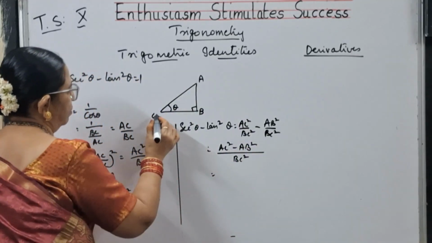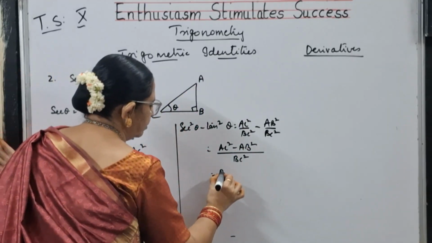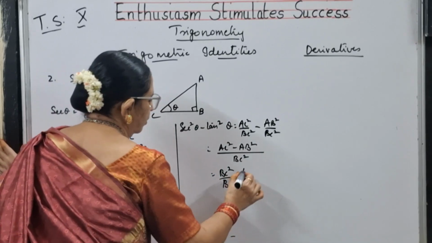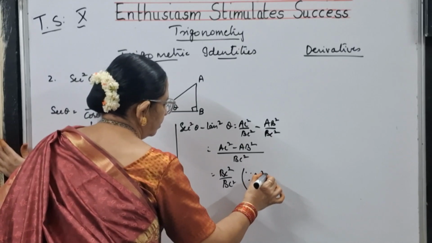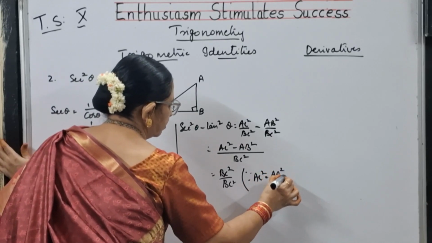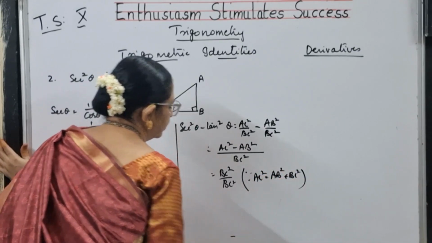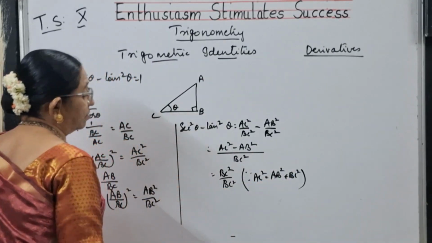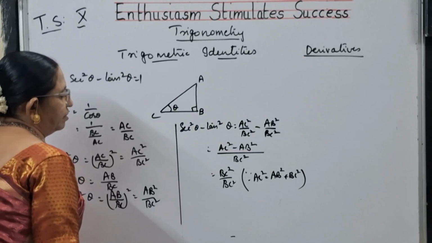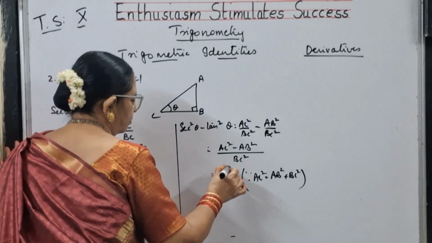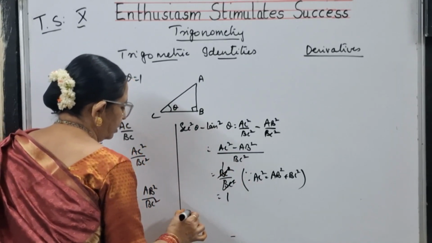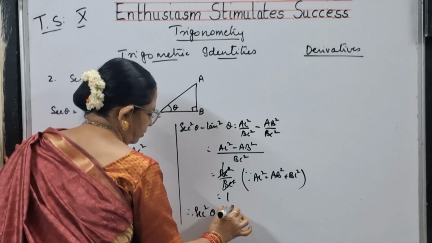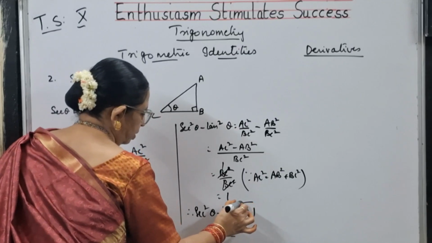AC square minus AB square is BC square, so BC square by BC square. Why is it? Because AC square is equal to AB square plus BC square, so AC square minus AB square will be BC square. These two will get cancelled. This is 1. Therefore, secant square theta minus tan square theta is equal to 1.